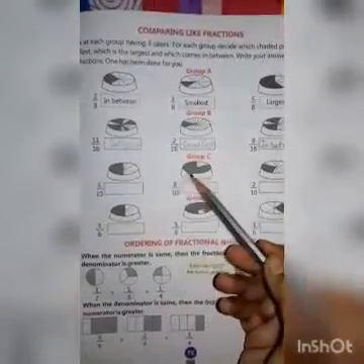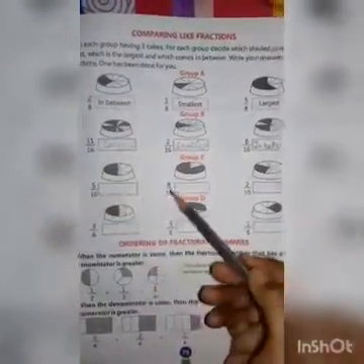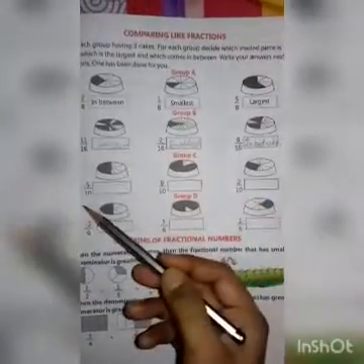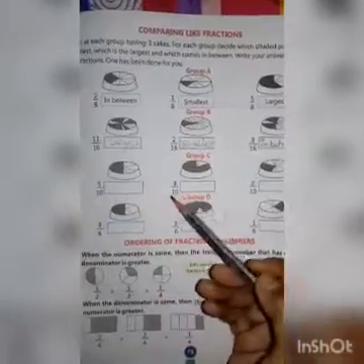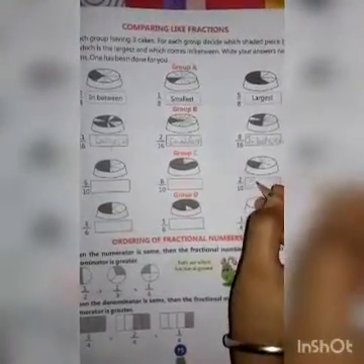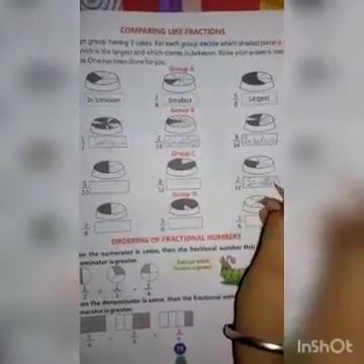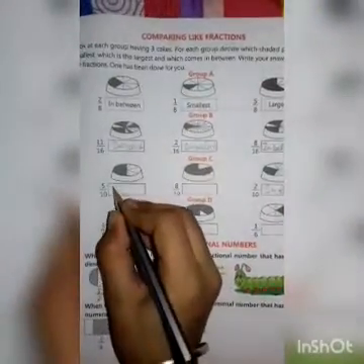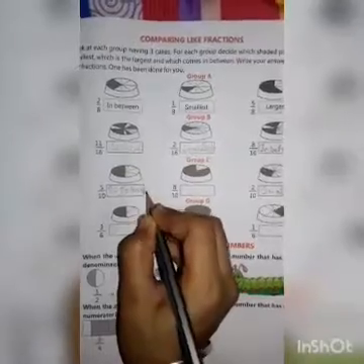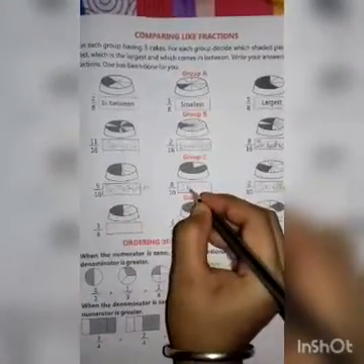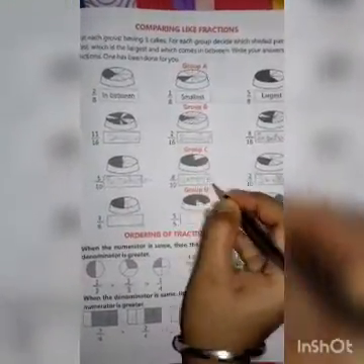As we do this, also group C, 5 by 10, 8 by 10, 2 by 10. These all are like fractions because the denominator is the same, the same family. So 2 is smallest here, 5 in between, 8 largest among them 3.